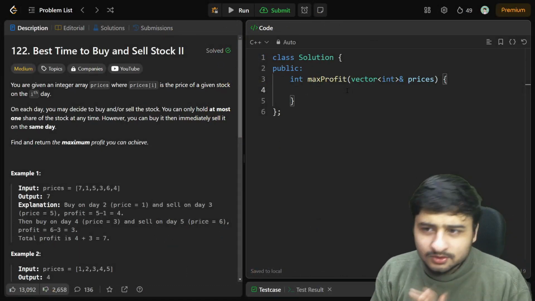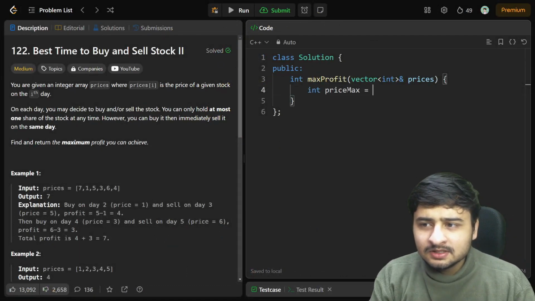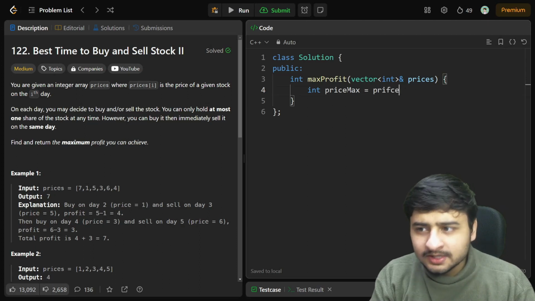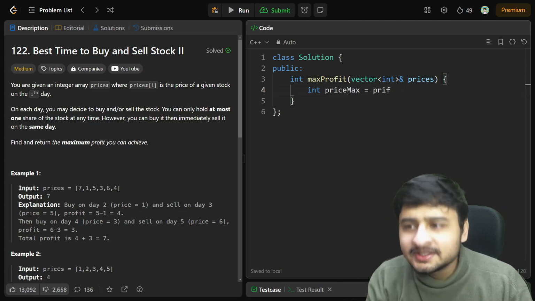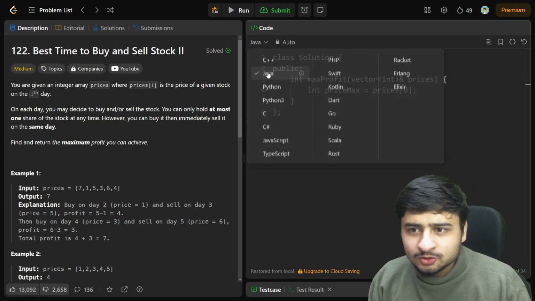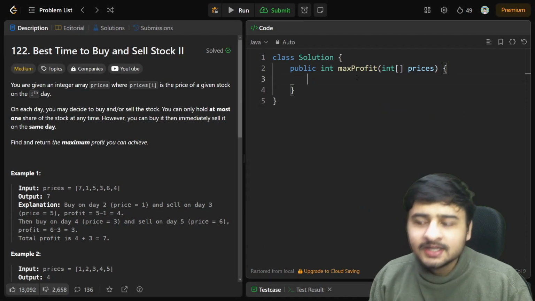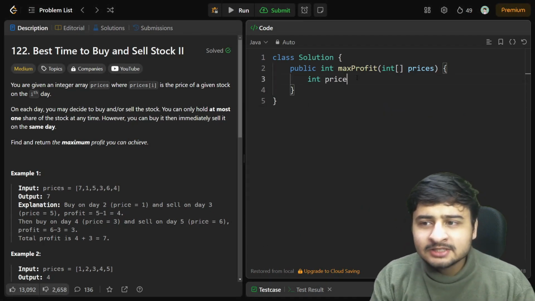So let's code this thing out. I'm going to take price max is equal to prices of 0, right? We initialize them on the 0th day itself. Prices of 0, right? It's C++, my bad. I should change the language to Java, of course, because this course is in Java. So int price max is equal to prices of 0.